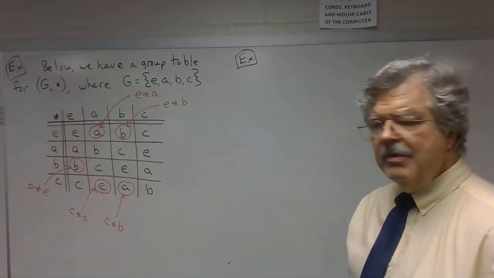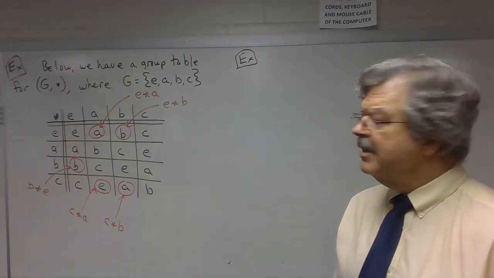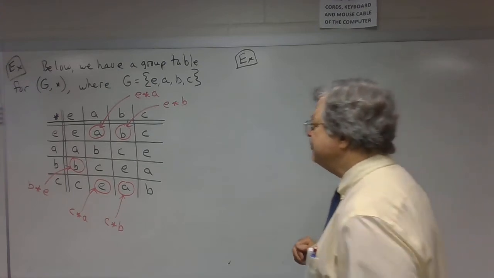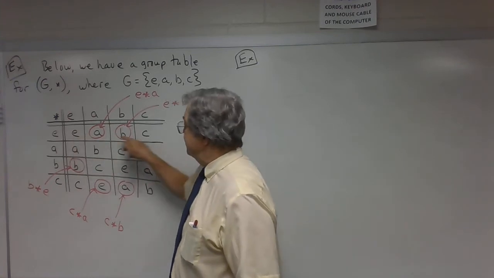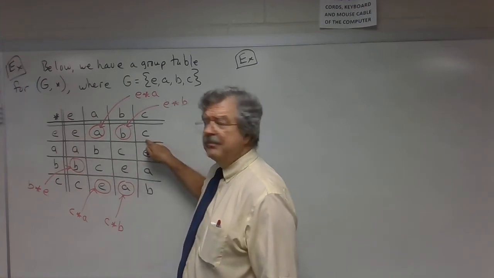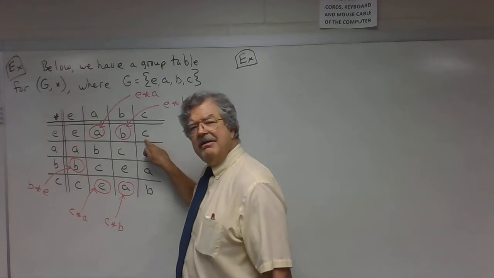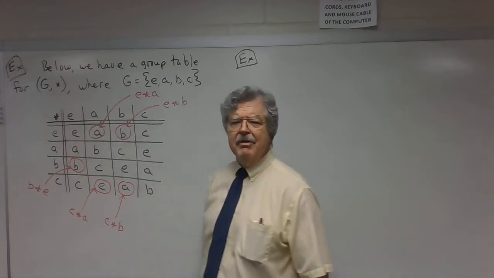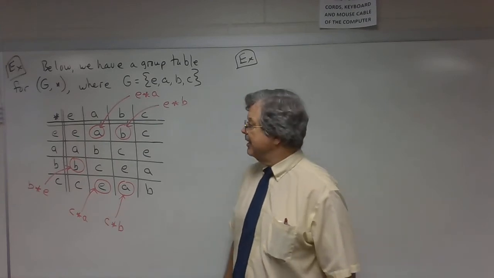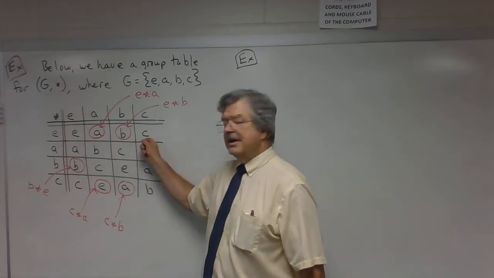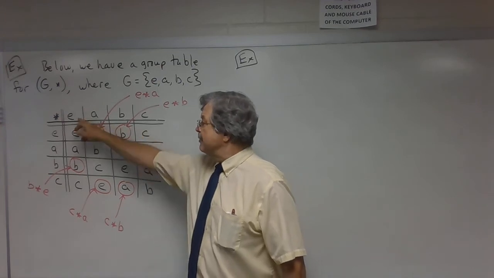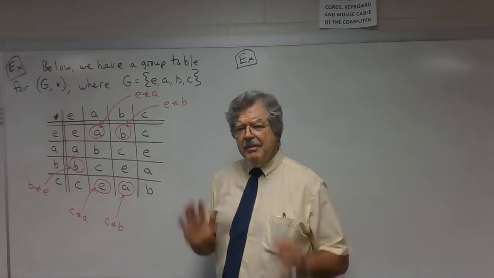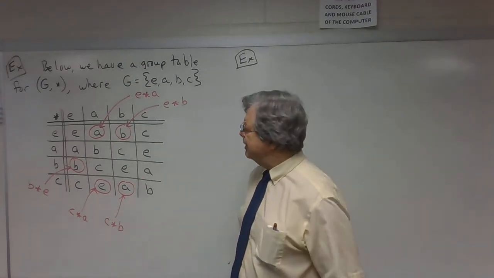Now we might notice something. As a matter of fact, this probably jumps right out at us. The first row of the table is exactly the same as the row of column headers that appear above it. So the first row is a copy of the row of column headers above it. And something similar happens in the first column.